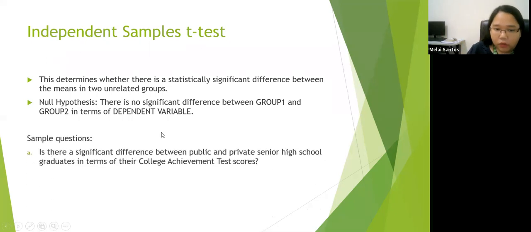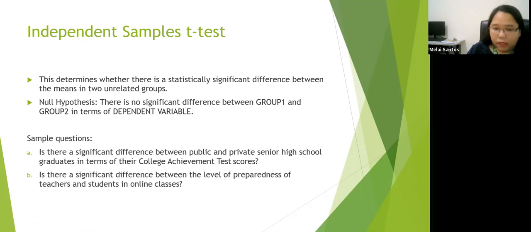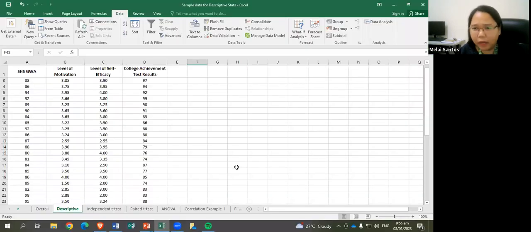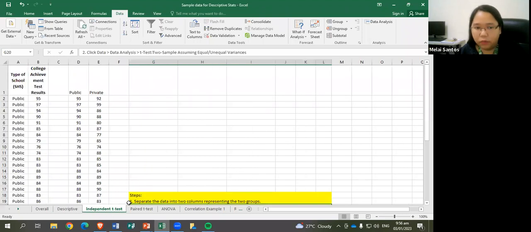So sample questions, we will be answering these now. Is there a significant difference between public and private senior high school graduates in terms of their college achievement test scores? And is there a significant difference between the level of preparedness of teachers and students in online classes? We will answer number 1. We go back to your Excel file.